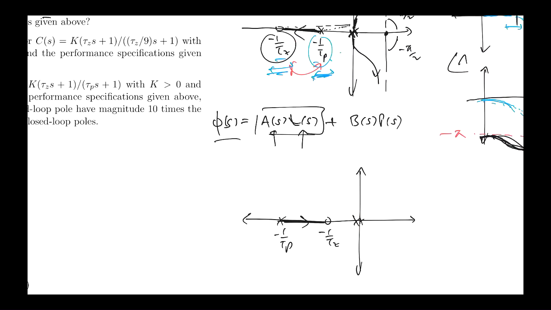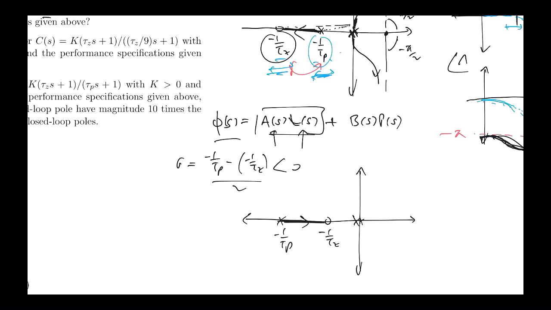But now these two, when they split apart, they go towards asymptotes. And the asymptotes, in this case, are now minus 1 on tau p minus 1 on tau z. It's the same as before, divided by 2, but now this is a negative number. All right?